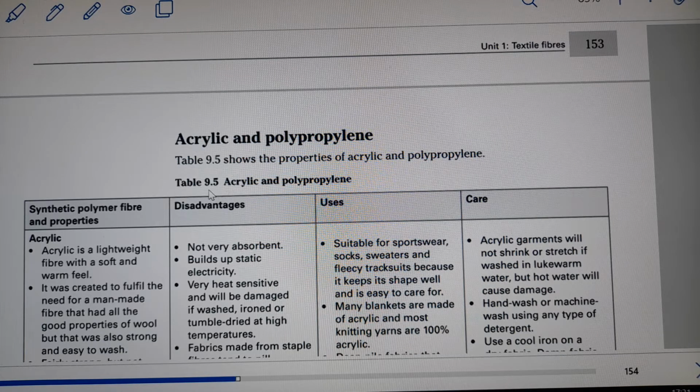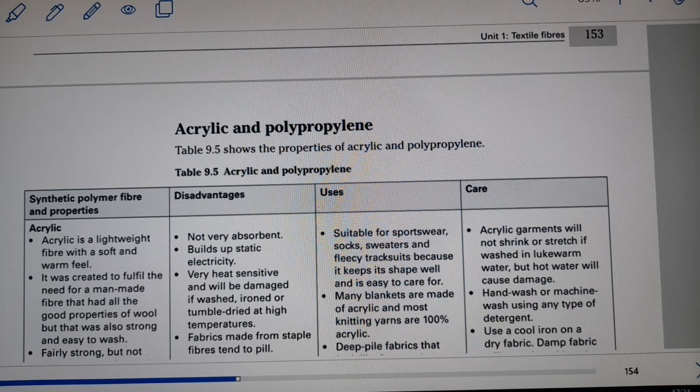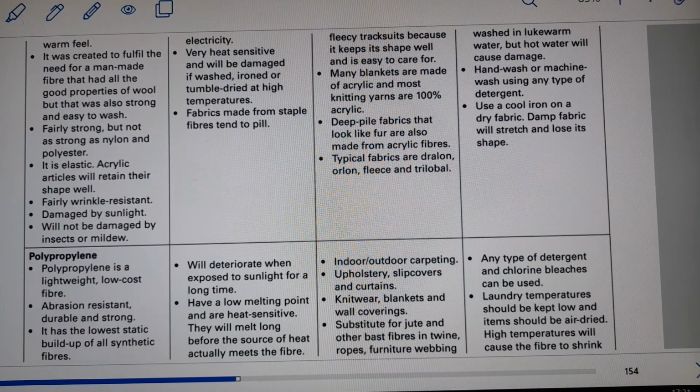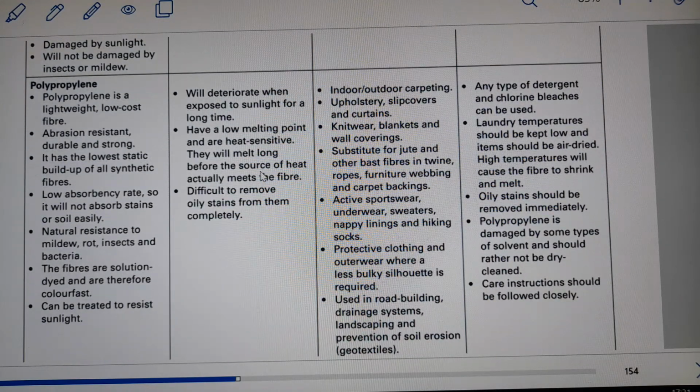In table 9.5, we have acrylic and polypropylene, and they've put the description and properties of acrylic, the disadvantages, the uses, and how we care for acrylic. Then you go through the table. Same with polypropylene: the description and properties, disadvantages, and the uses.